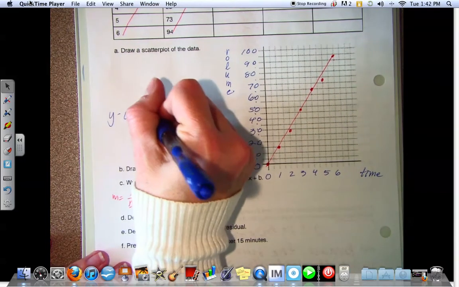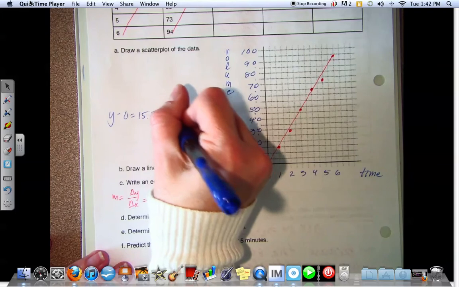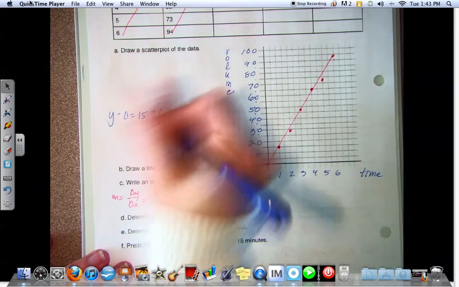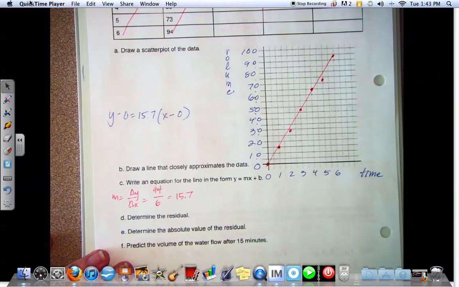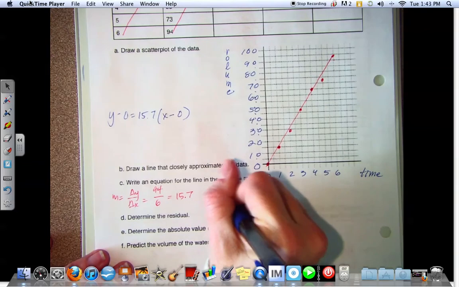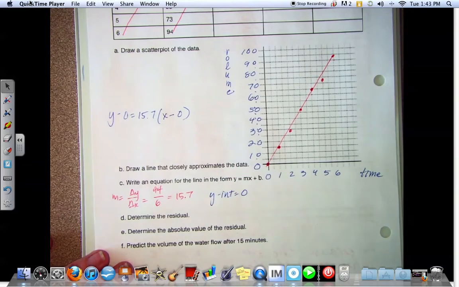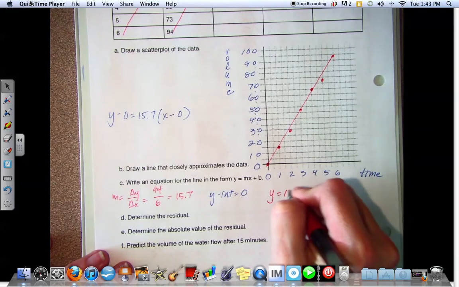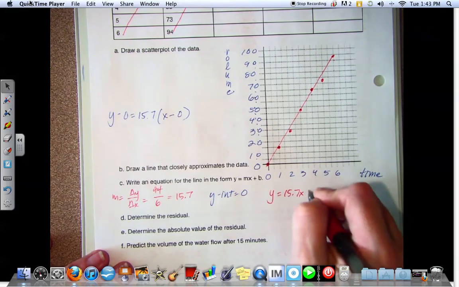What's your x1 value? 0. So it's pointless because you're just multiplying by 0. We knew that our y-intercept was equal to 0. So our equation is y equals 15.7x plus 0. Very nice.